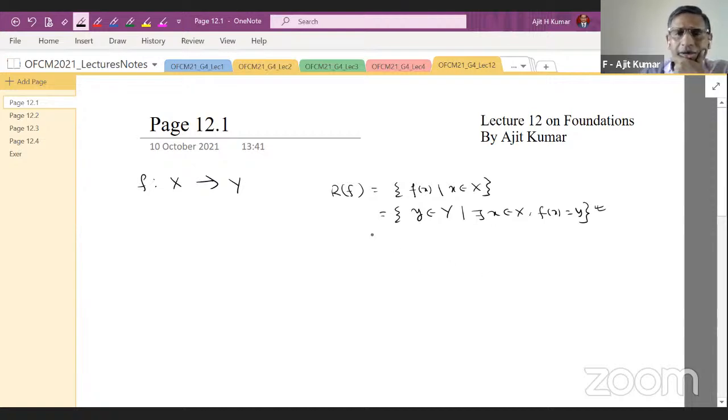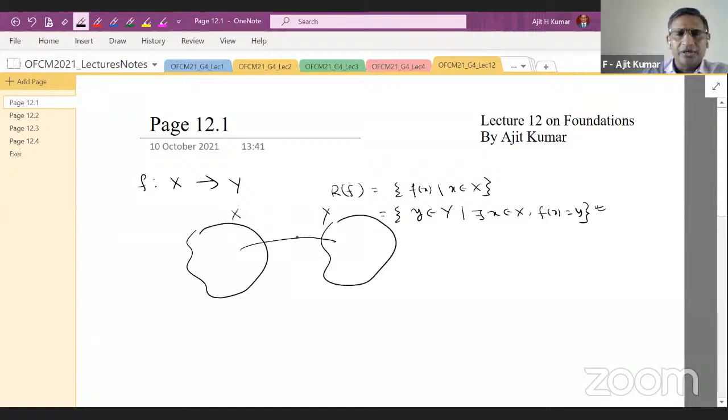So let us look at this: this is your X, this is Y, and from here to here you have a function f. Now suppose instead of this entire X, we have some subset.